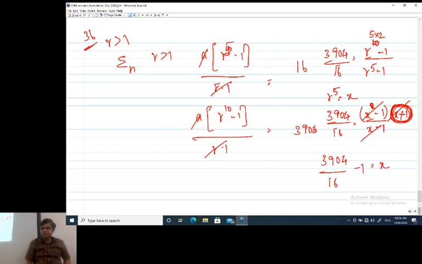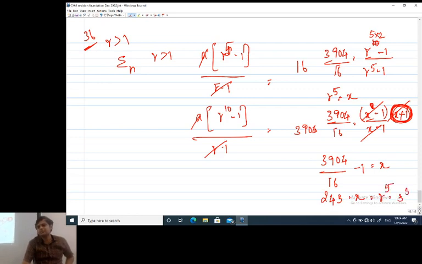So 3904 by 16 minus 1 is going to be x. If you take the LCM, 3904 minus 16 is 3888, that divided by 16 is 243. This is equal to x. Remember, this is r power 5.